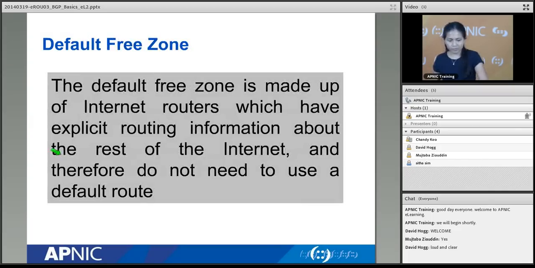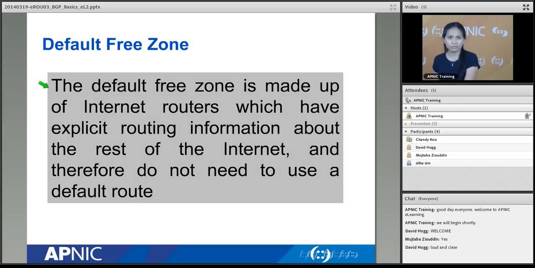Now, something very related to that is DFZ, or the default free zone. We've talked about explicit routing. If you have a complete list on your routing table of the rest of the internet, meaning all the prefixes that are announced, then you are actually in a default free zone. So default free zone routers are routers which have explicit routing information about the rest of the internet.